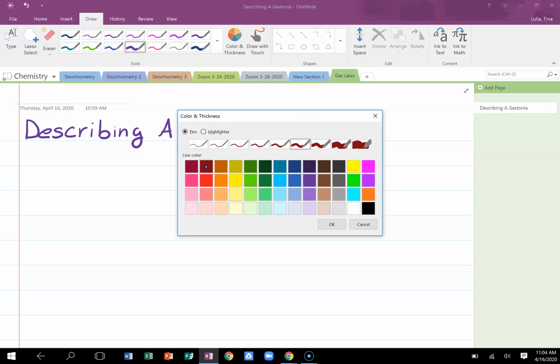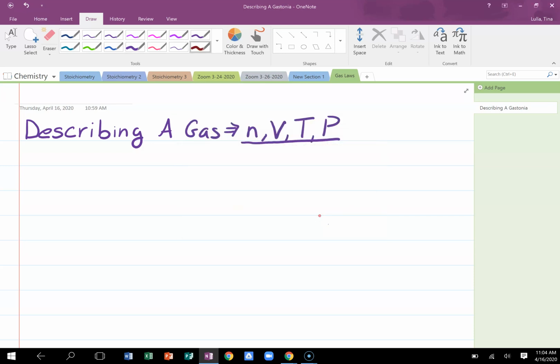I'm just going to switch colors here. We can start right now with amount. Like I said, we use the variable lowercase n to describe the amount of a gas. We're not going to use a capital N because a capital N is the variable for Avogadro's number, which of course is 6.02 times 10 to the 23rd.